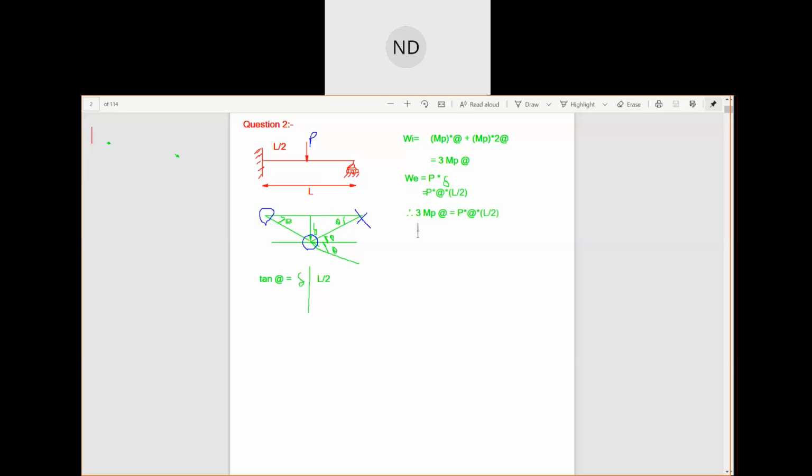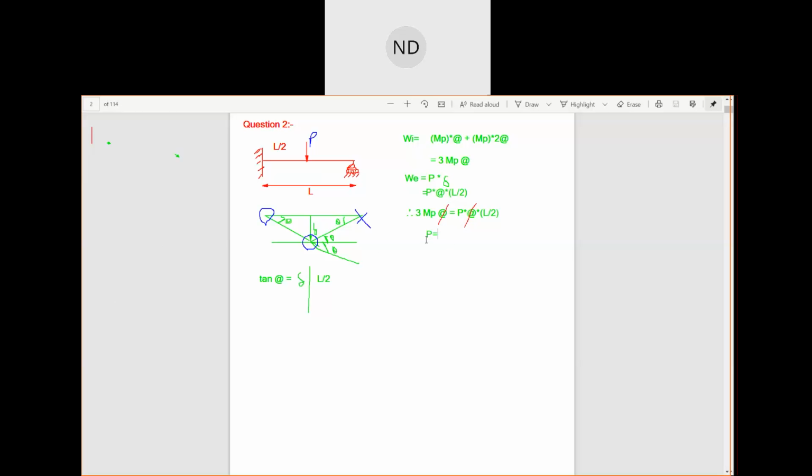So from here, obviously, the thetas are cancelled, and we can easily find out this load now. We need to find out the collapse load. Now our collapse load P is equal to how much?